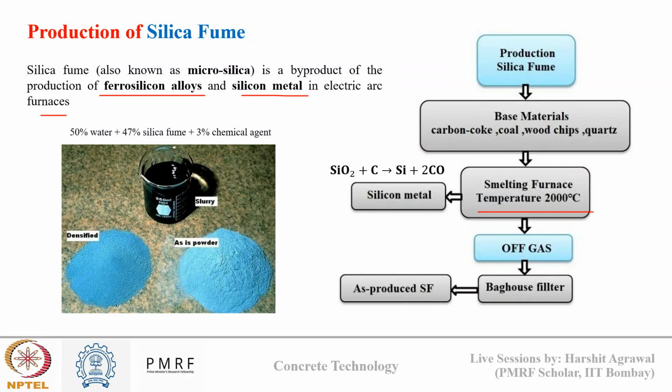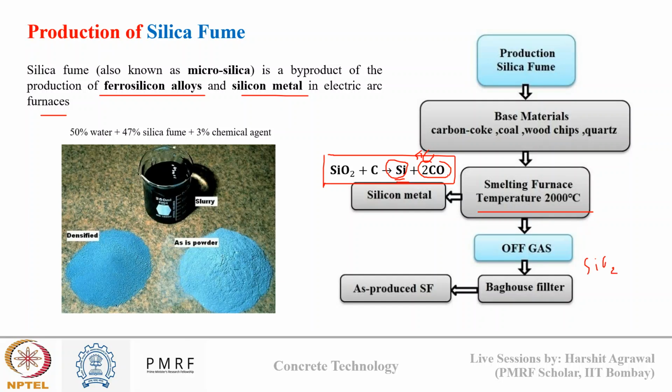Okay, at this high temperature, what happens, there is a reaction that is occurring. The silica, it reacts with carbon to form silicon, and it releases carbon monoxide. Okay, so the silicon metal, it is collected at the bottom of the furnace, and this carbon monoxide or silicon monoxide, these gases, they rise at the top of the furnace, where they are separated from the silicon, and they are combined with oxygen in the cooling chamber to form SiO2 again.